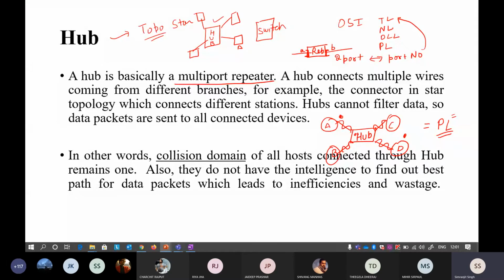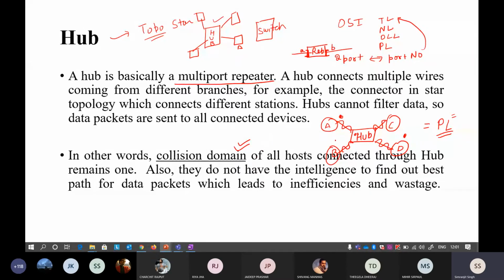Because of this functionality of the hub, there is a lot of traffic. Wherever you connect a hub there will be a lot of traffic, because whatever it receives, it just broadcasts the signal to all of the devices connected to it.